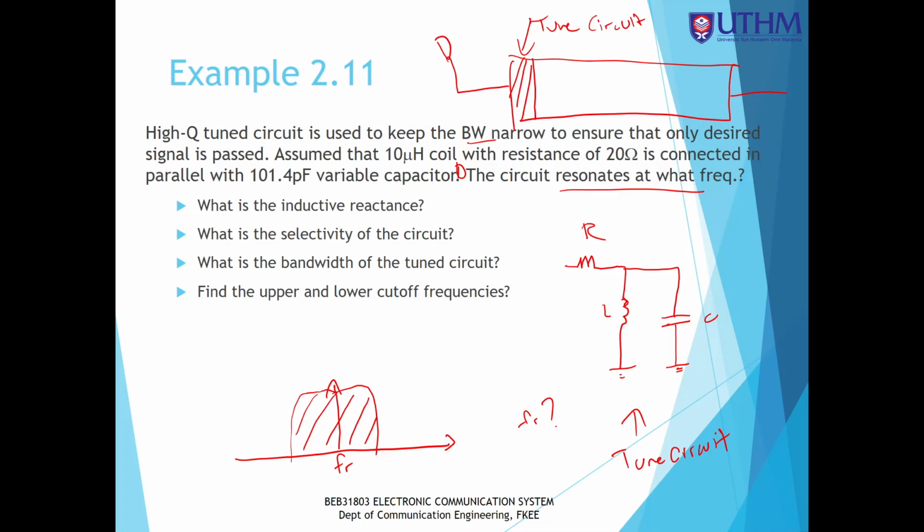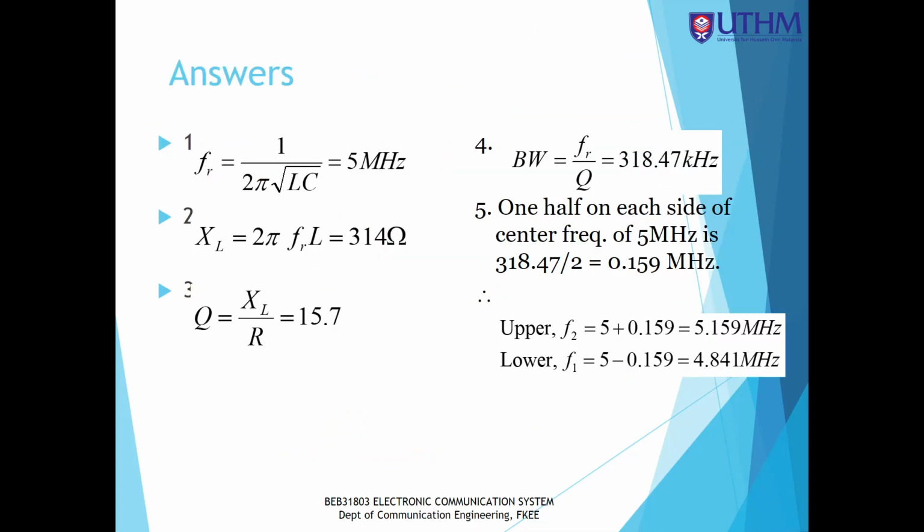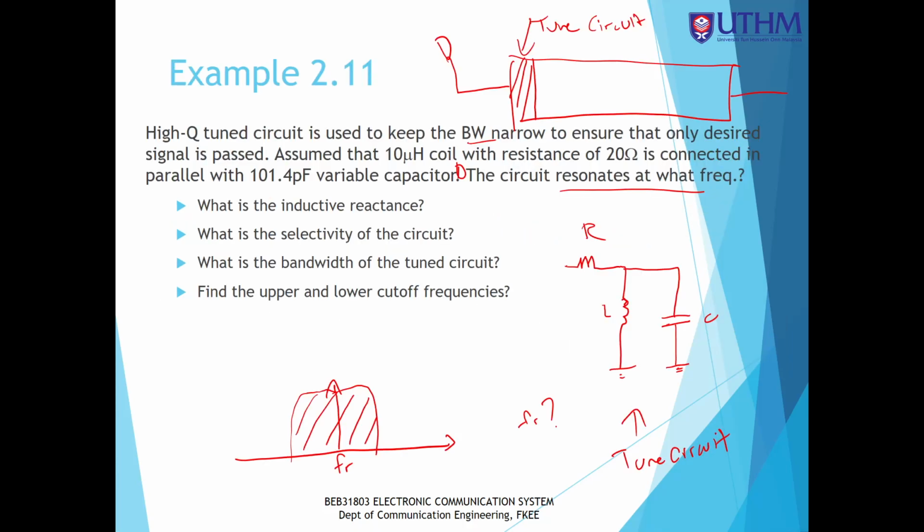Now the solution has already been given. The resonant frequency is equal to 1 over 2 pi multiplied with the square root of LC. L is 10 microhenry. The capacitor is 101.4 picofarad.